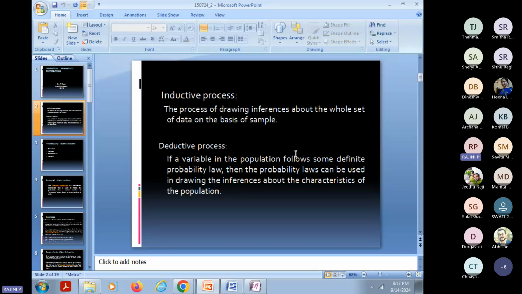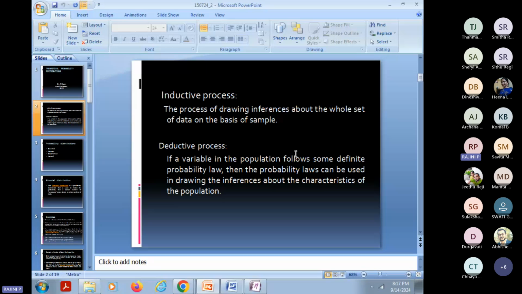So remember, through the sample, if you are giving the conclusion to the population, that is called the inductive process or inferential statistics. Deductive process means through the probability law or probability distribution, you are giving the conclusion about the characteristics of the population. That is called the deductive process.